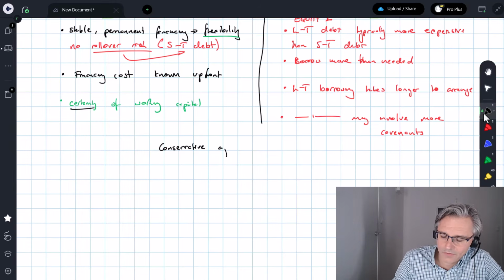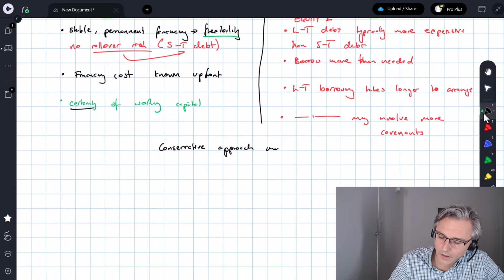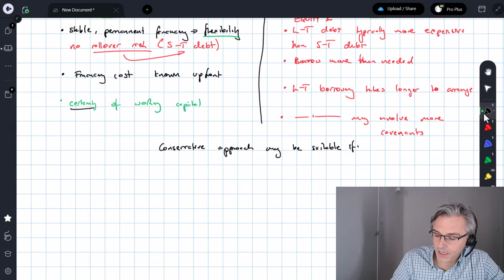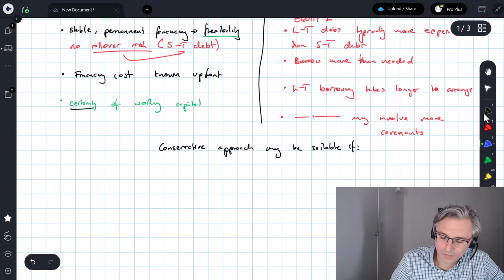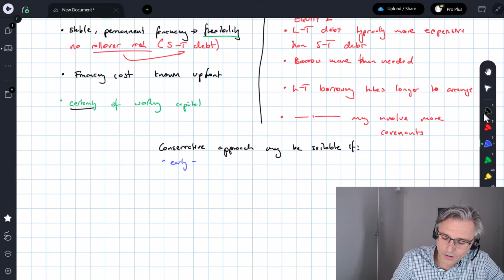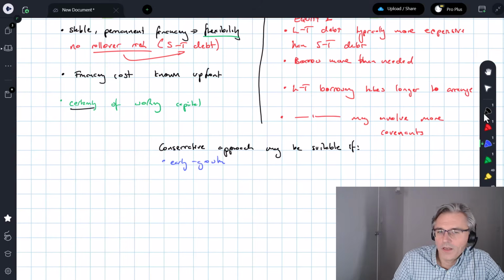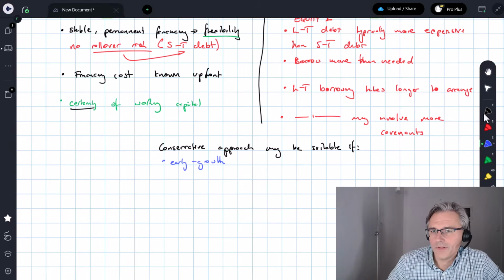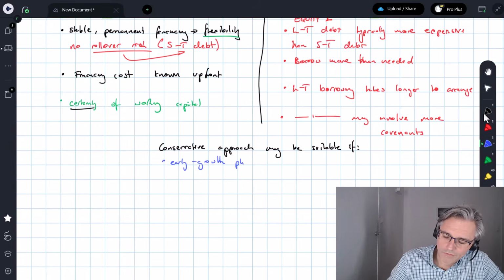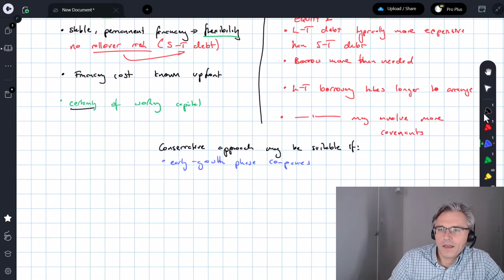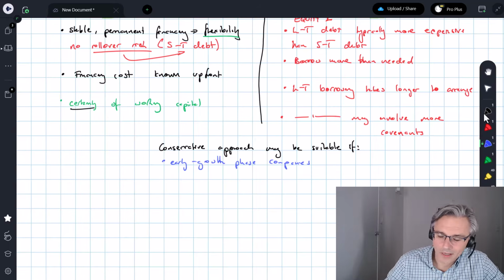So this conservative approach to working capital management may be suitable if, for example, we've got an early growth company, a company at a relatively early stage in its development cycle, which really doesn't have much access to short-term debt.